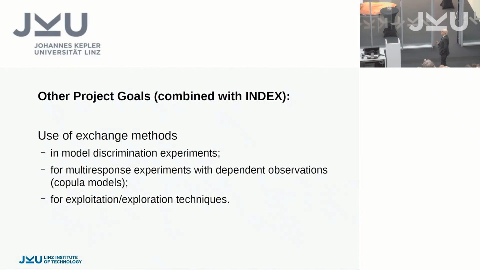Then for multi-response experiments, you don't observe just one feature but many features, and those features might be correlated amongst each other. That's quite a common thing, and typically you use copula models to do that. So this model discrimination is Elham's task. He's doing that, and the copula part is done by Andreas.